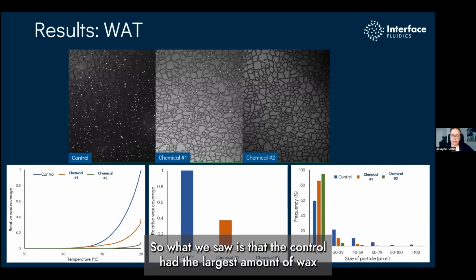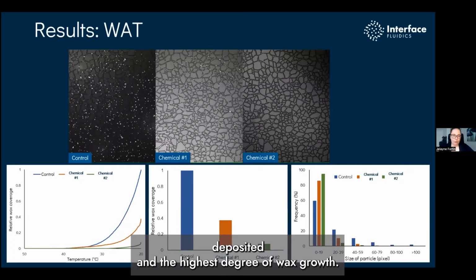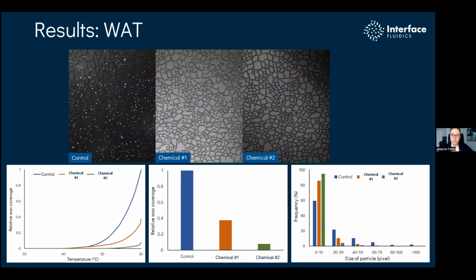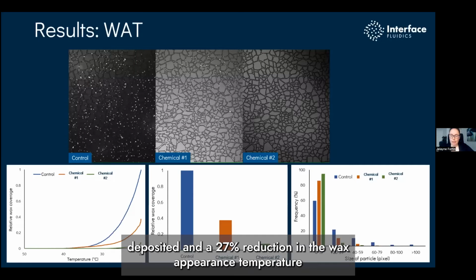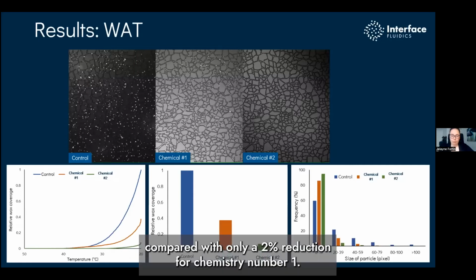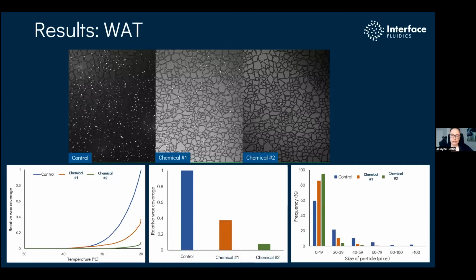The control had the largest amount of wax deposited and the highest degree of wax growth. Chemical 2 showed the smallest amount of wax deposited and a 27% reduction in the wax appearance temperature, compared with only a 2% reduction for chemistry number 1.